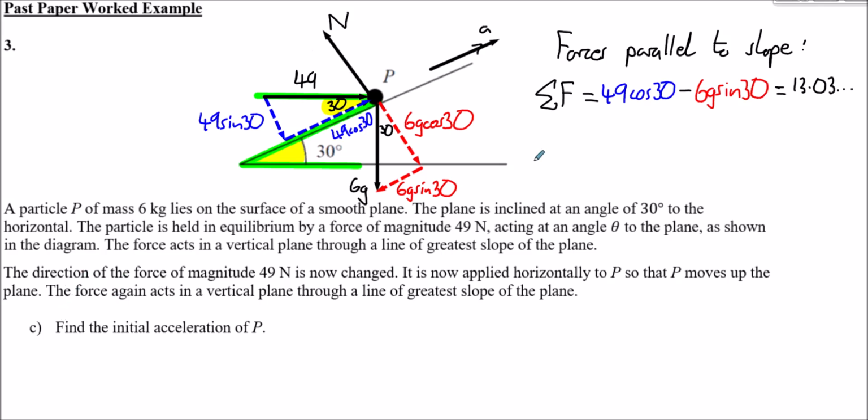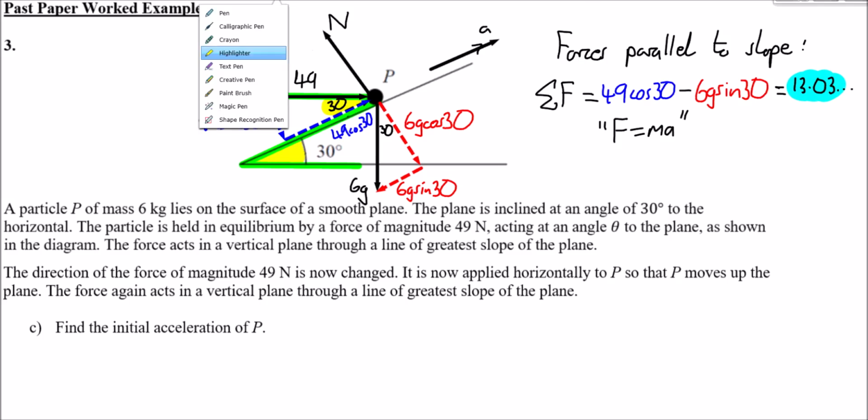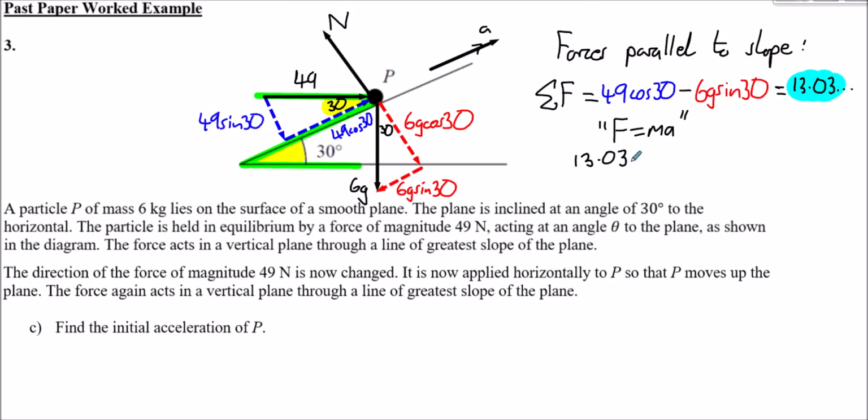So we can now apply F equals ma. The sum of the forces going up the slope, we now know equate to about 13.03, etc., equals the mass of the particle, which is 6, multiplied by the acceleration we wish to find.